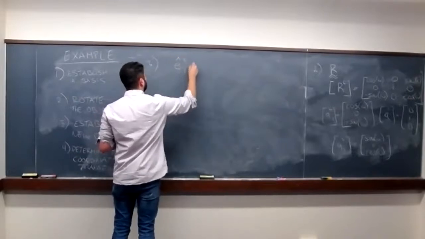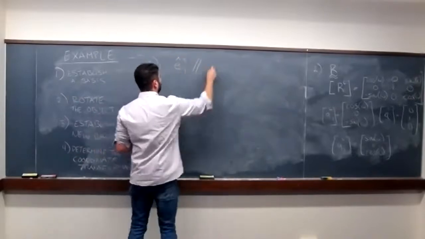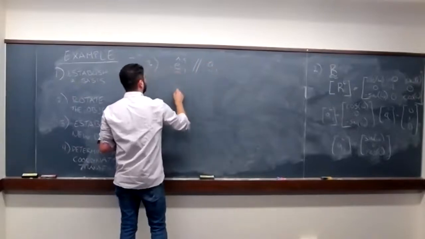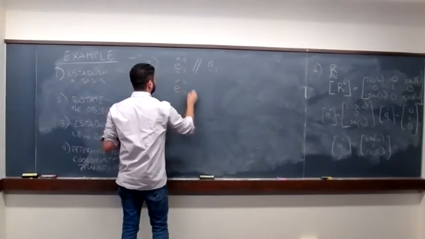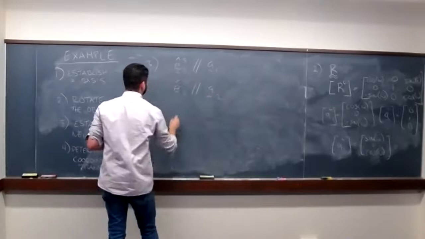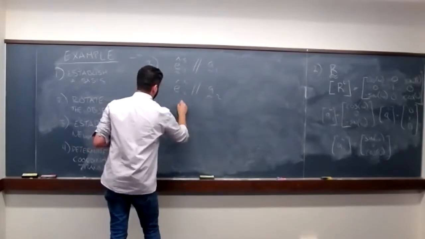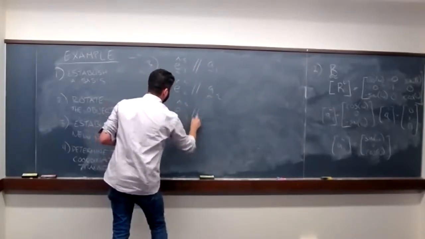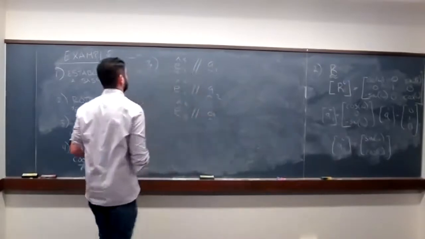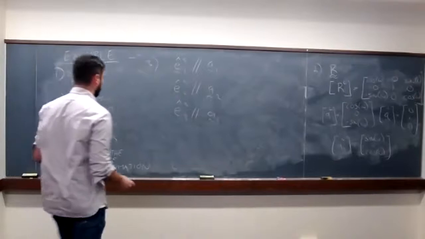E hat S1 is going to be parallel to the new A1. E hat S2 is parallel to the new A2. E hat S3 is going to be parallel to the new A3. It's a trivial step, but I've talked through it.